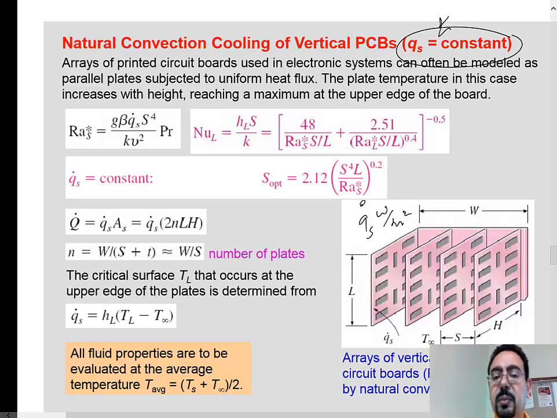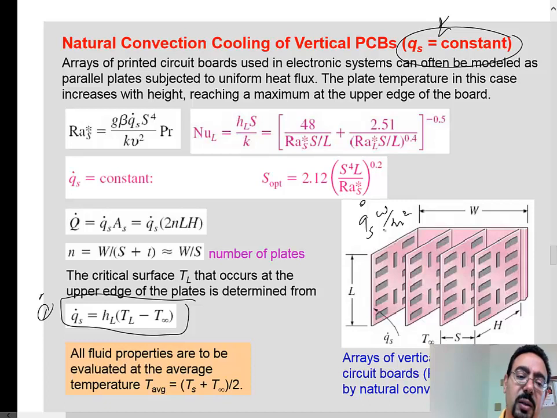All right. So per unit area. So that's why you don't see an area. Right? This Q is Q per area. So that small q, or the flux, is basically just H, L, T, L minus T infinity, and that's it. There is no area, right? Because it's per unit area.